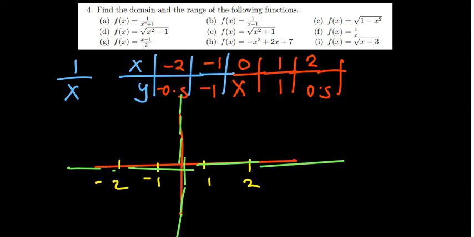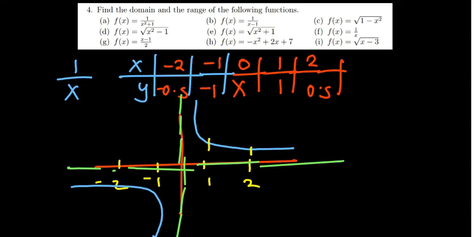So I expect that this graph will come out like this, and then like this. Like that. So if I put 1 comma 1, it's there.